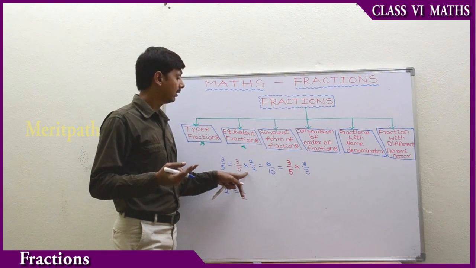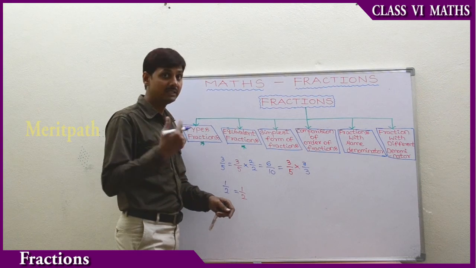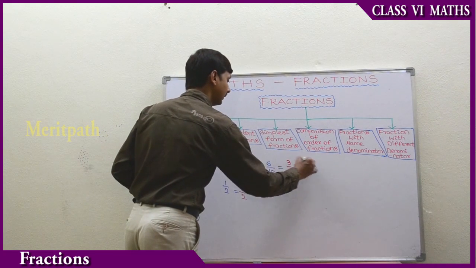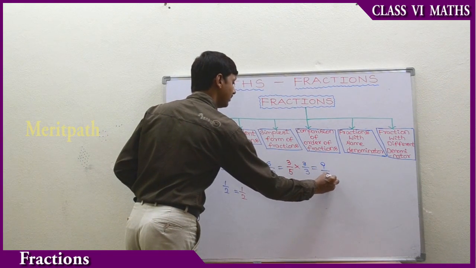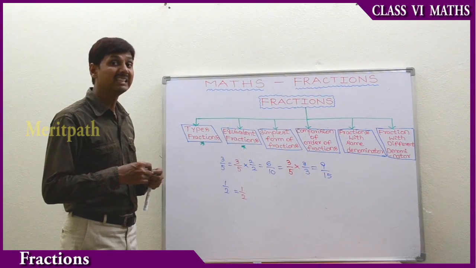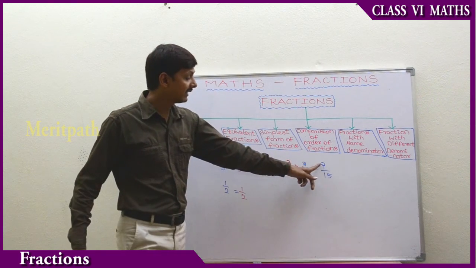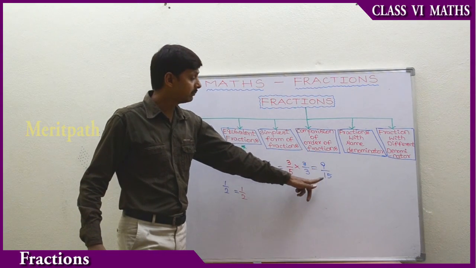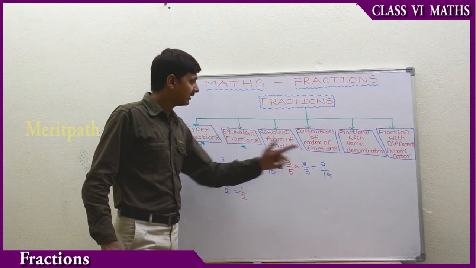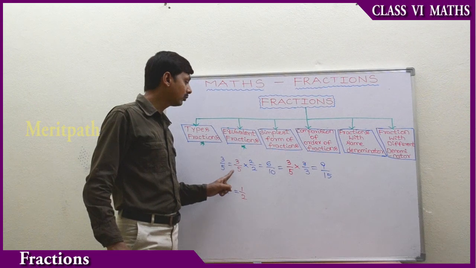Next one is 3. Now 3 3s are 9 and 15. So 9 by 15. This is equivalent to the fraction of 3 by 5. When we cancel the 3 table, 3 by 5 we will be getting. So this is equivalent to 3 by 5. And 6 by 10 is also equivalent to 3 by 5.